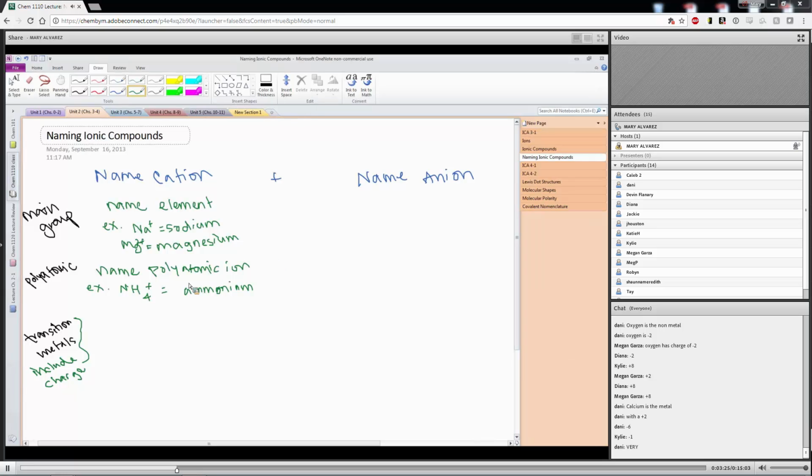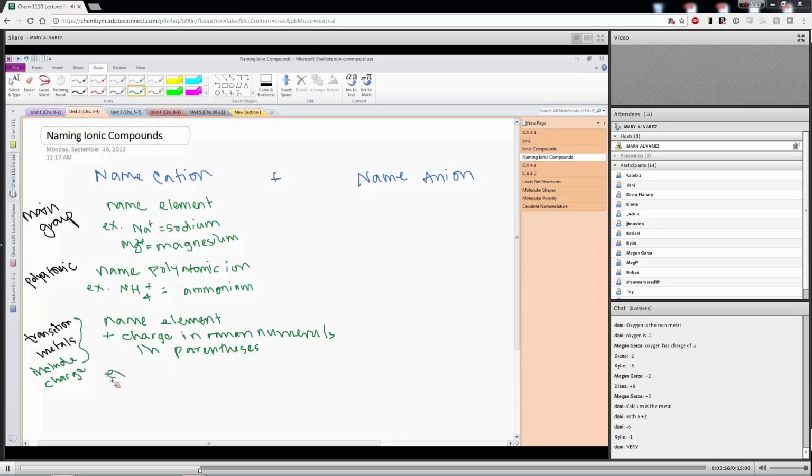So what we're going to do for transition metals is we're going to name the element just like we did for main group. And then we're going to add the charge in Roman numerals in parentheses. So sorry if that's hard to read, but you add the charge in Roman numerals in parentheses.